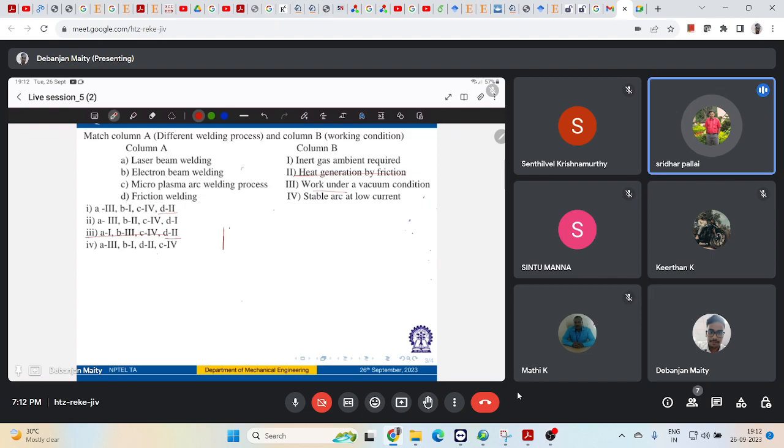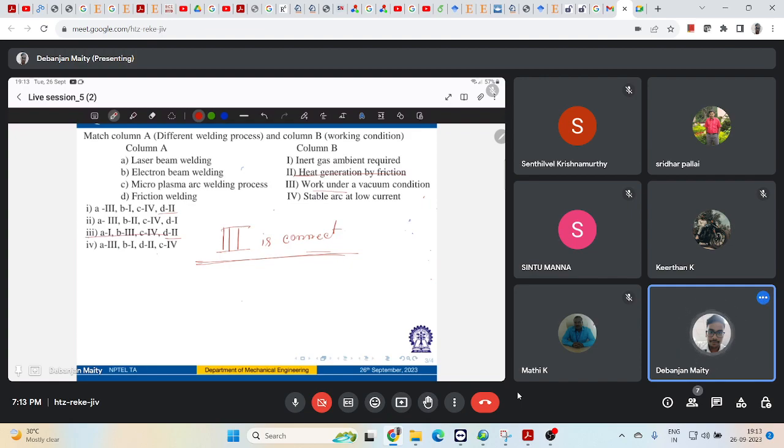In electron beam welding, we use vacuum.